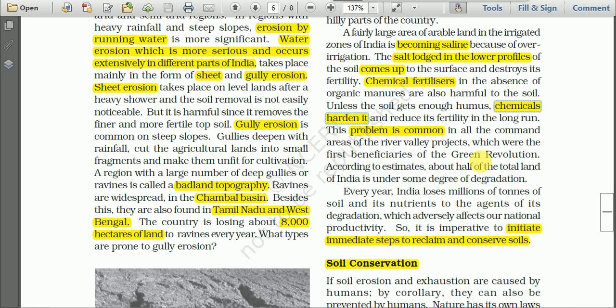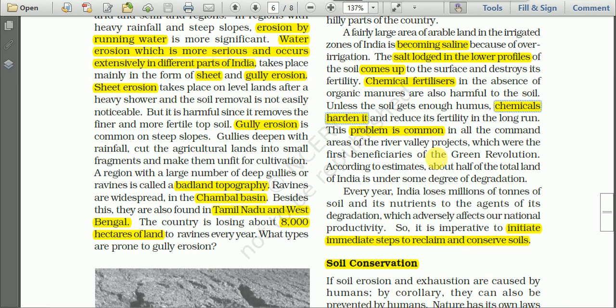If we don't use this organic matter, then the chemical fertilizer used in the cultivation process will harden the soil, and in the long run the fertility of the soil will be reduced.